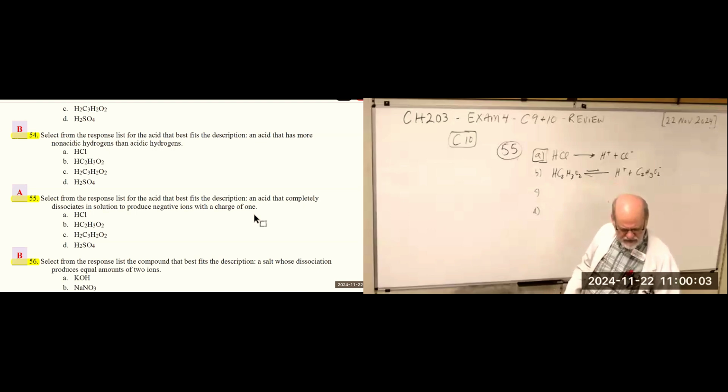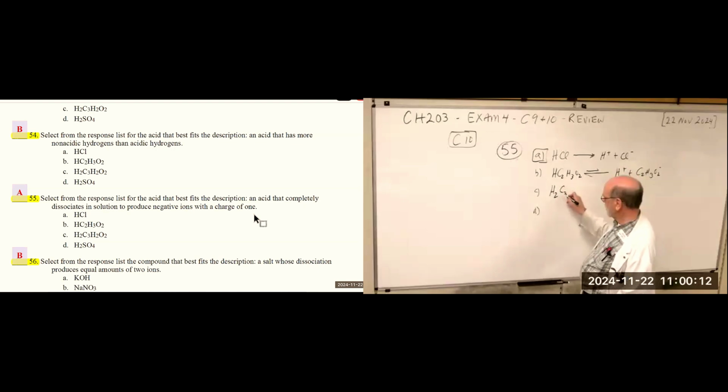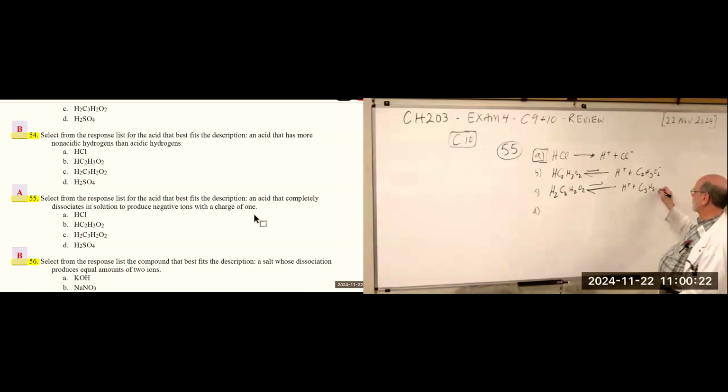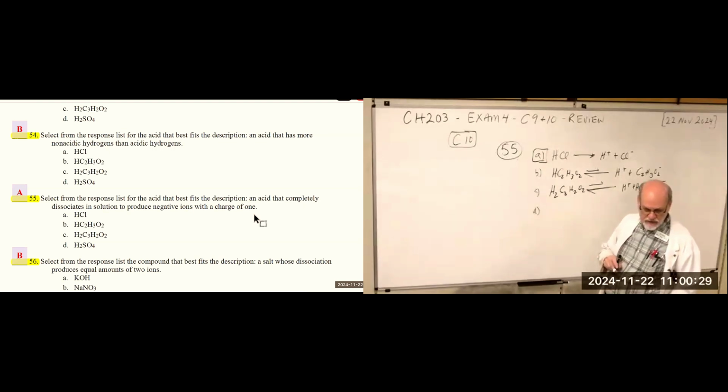But how about C? H2C3O2. All right, that's another weak acid. C3H2O2. This one is like acetic acid. It prefers this side. C3H2O2 H minus. It doesn't completely dissociate.